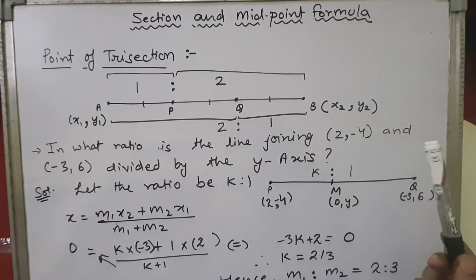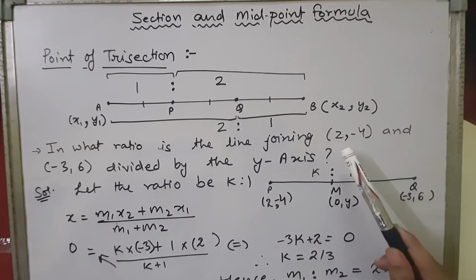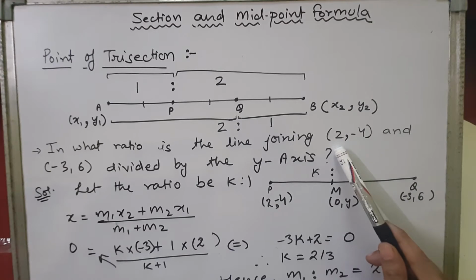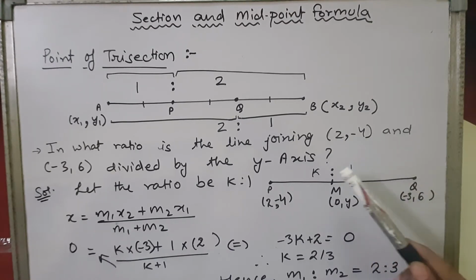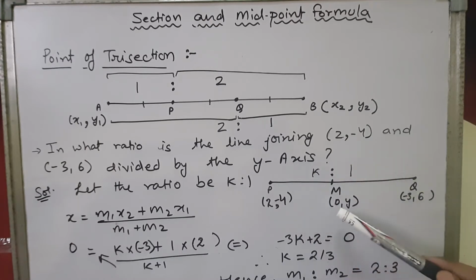All the points on the y-axis have abscissa 0. If a point is lying on the x-axis, the value of ordinate is 0. In (x, y), the first part is the abscissa and the second part is the ordinate, right? So whenever a point is lying on the y-axis, the first part is always 0. That means the value of abscissa will always be 0.